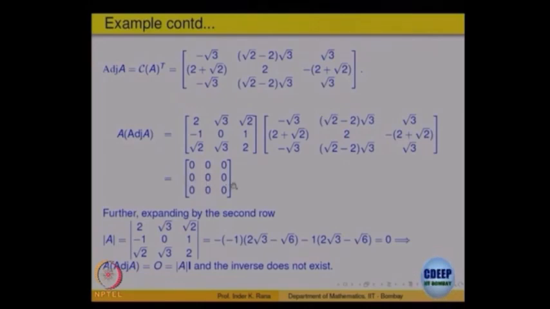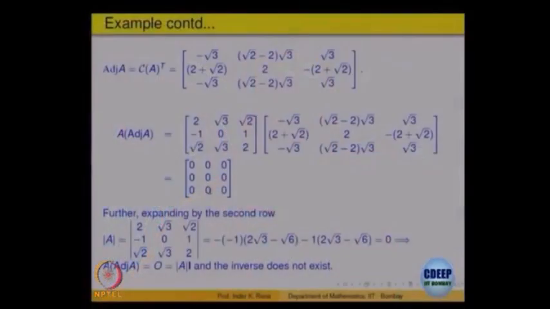Here it comes out to be equal to 0, which means the matrix is not invertible. So, the earlier result was only for invertible matrices, because you can divide only when the determinant is not equal to 0. A times adjoint of A is equal to adjoint of A times A, equal to determinant of A times I, that is okay, but you can divide only when A is invertible.